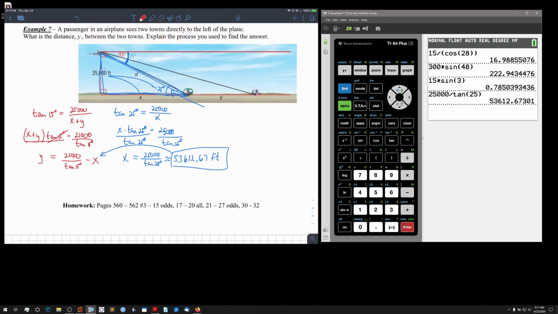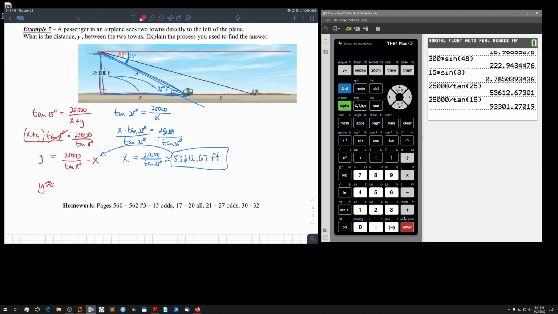So let's substitute this in for y, and it will be an approximation at this point. Same calculation, except it's 25,000 over tan 15 degrees. So it's a lot bigger, 93,301.27 feet minus 53,612.67 feet.